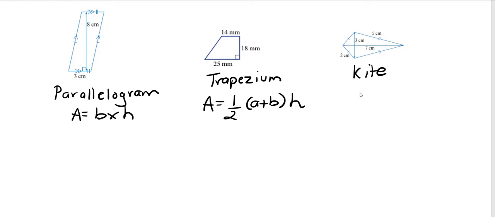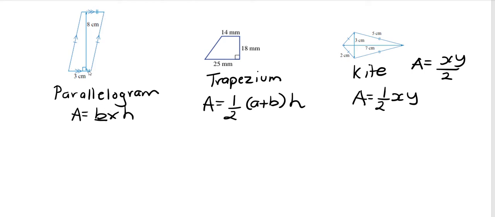And a kite, the area of a kite is half of X times Y. You might have seen this written like this as well in other books, X times Y divided by 2, that's correct as well. Now we know in measurement, whenever we see B for base, base must belong to the actual shape.